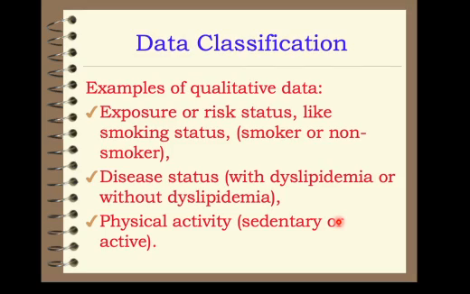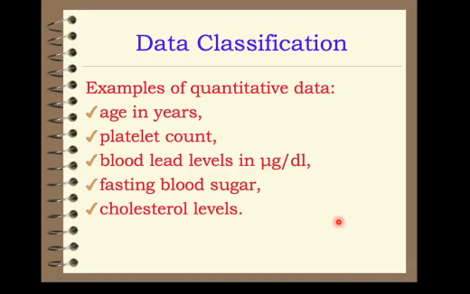Physical activity, another qualitative data, classified as either sedentary or active. Now, examples of quantitative data: age in years, platelet count, blood lead levels in micrograms per deciliter, fasting blood glucose, and cholesterol levels. These are quantitative variables.